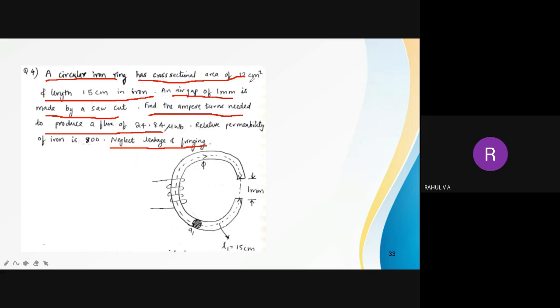We will just read again. A circular ring has a cross-sectional area, so area is given, A1, an area of 12 centimeter square. After getting this, what should we do immediately?